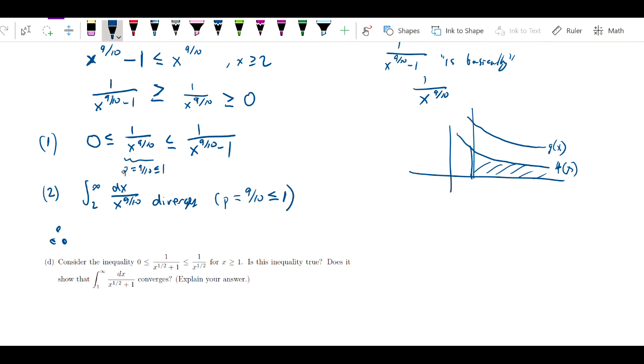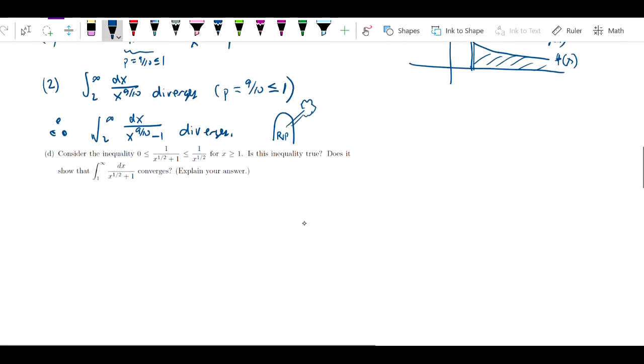Because we have all of those conditions, we can conclude, 3 dots means therefore, that the integral from 2 to infinity of dx over x to the 9/10 minus 1 also diverges. And we put our little end of proof symbol. There we go. So that's what an answer would look like to part C.